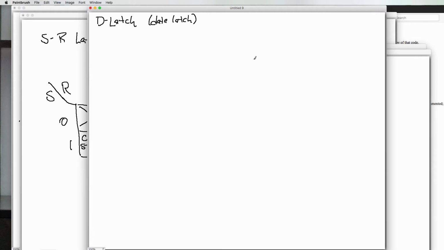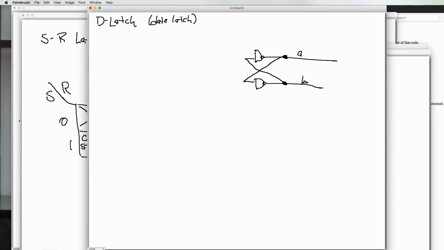So watch closely. Remember, we had this thing before that looked like this. We had this NAND gate over here, and here's A. We had this NAND gate over here, and this was B. And remember, this guy came back in this way, and this guy came over this way.